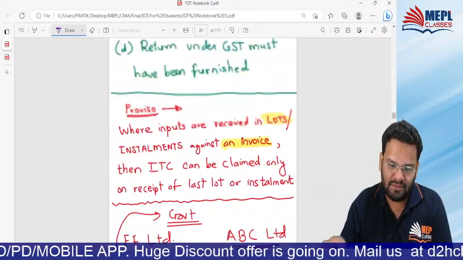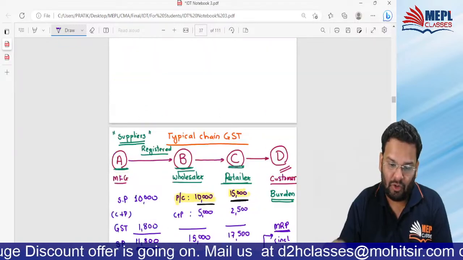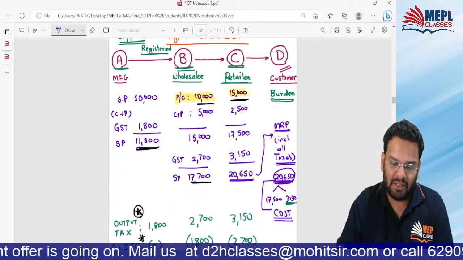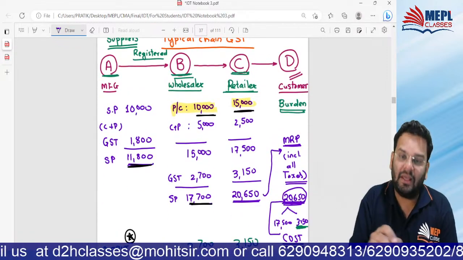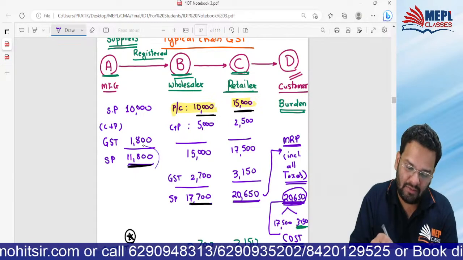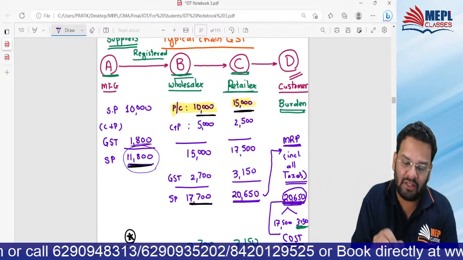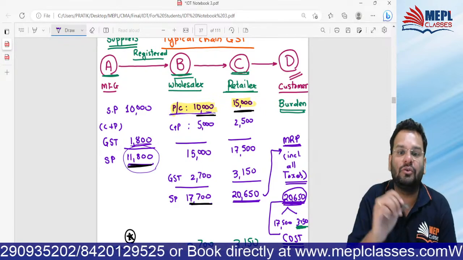See this. Lot of things we have done. See this typical chain. When A was selling goods to B for 11,800, including GST of 1,800, for B, we had taken purchase cost as 10,000 only.